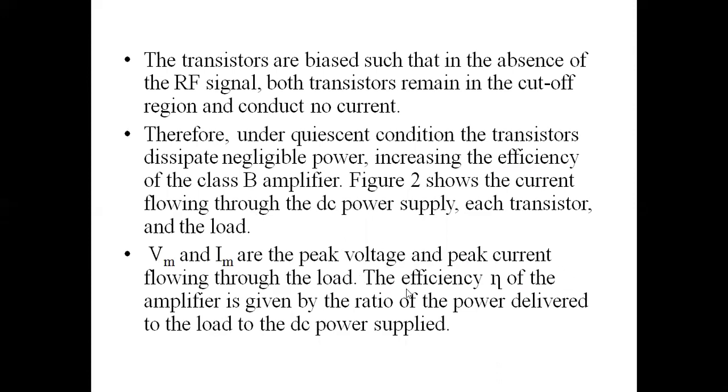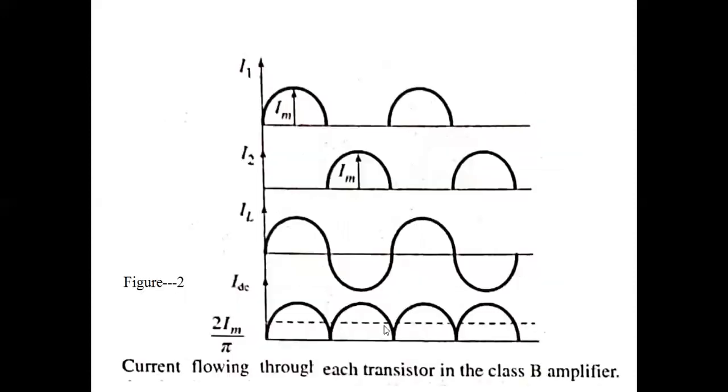The efficiency of the amplifier is, once again, given by the general formula, the ratio of power delivered to the load to the DC power supply.